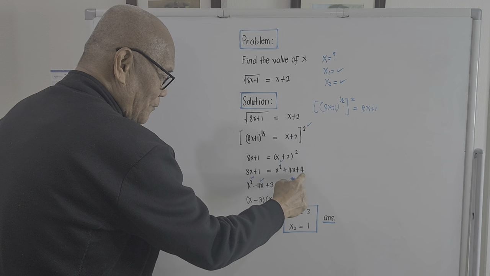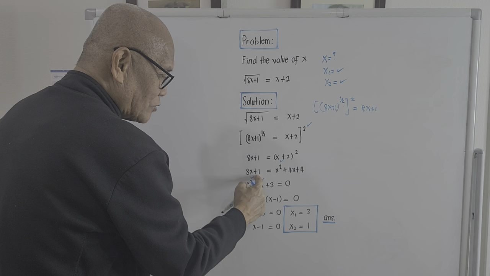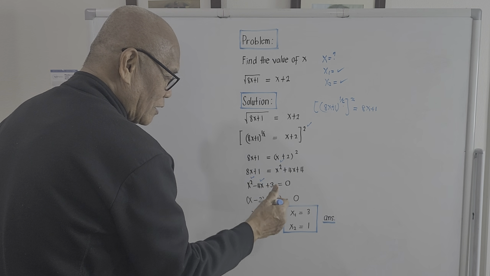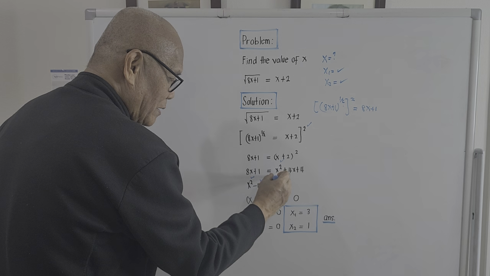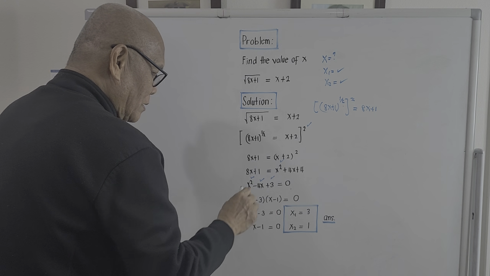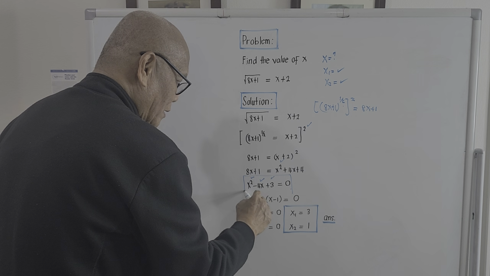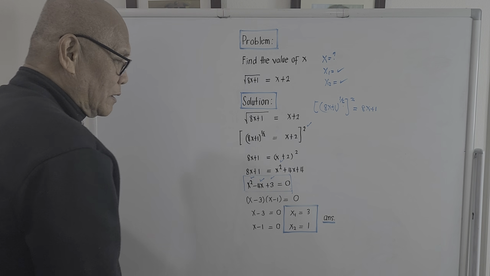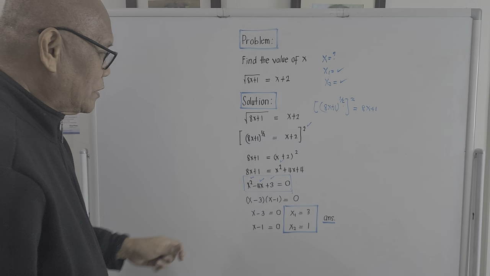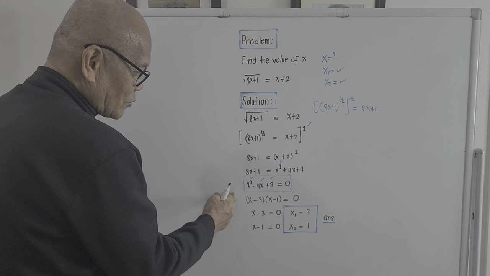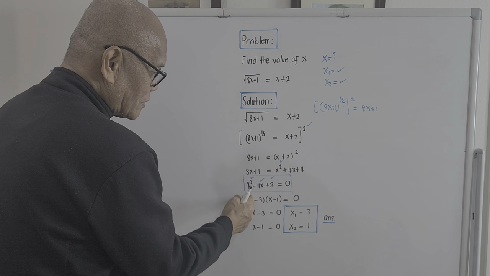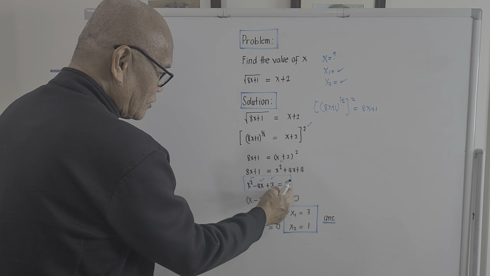The right hand side will be 4. We transpose this one, so this will become 4 minus 1, which will be 3. And this should be equal to 0. So what comes out, after the squaring and simplification, is a quadratic equation: x squared minus 4x plus 3, and this should be equal to 0.